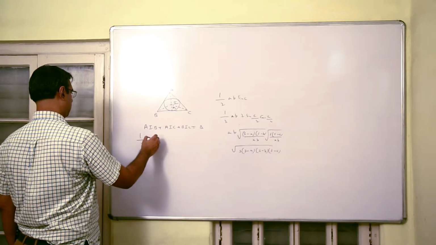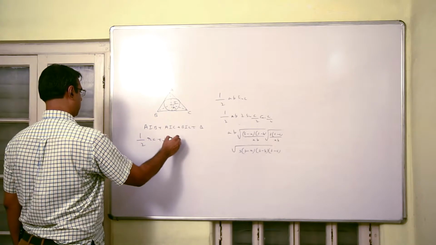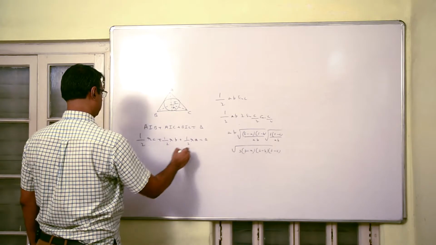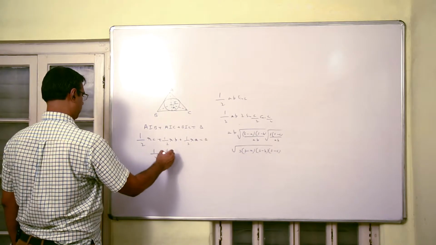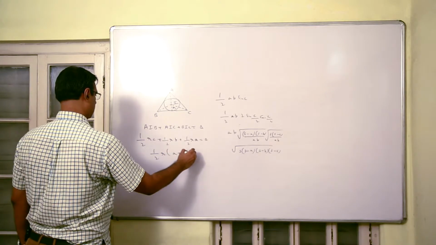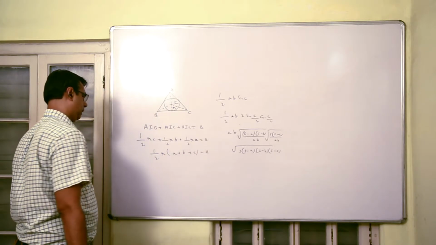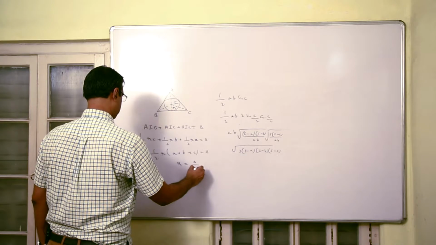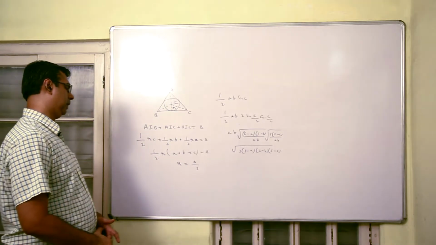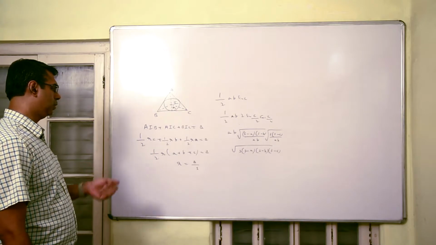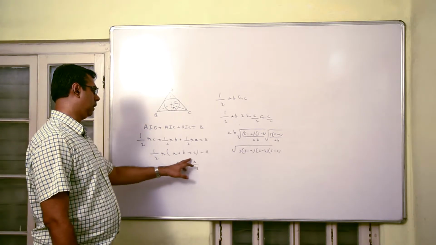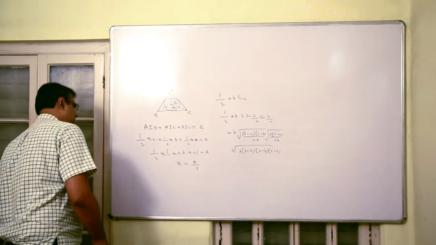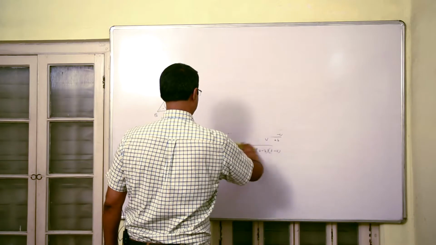So half R into C plus half R into B plus half R into A is equal to the area. So if you take half R common, then half R into (A plus B plus C) is equal to area. So R will be equal to area by semi-perimeter. So whenever you are trying to find out the inradius of a triangle, you can use this formula, area divided by semi-perimeter. So this is a very useful formula to find the inradius.